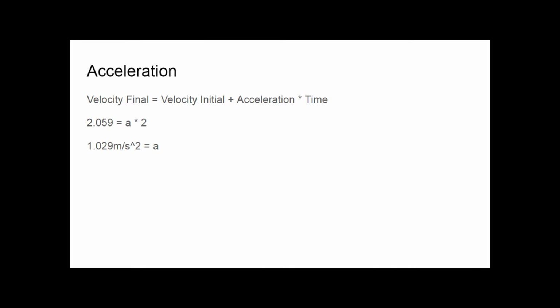That would be velocity final, which is 2.059, equals velocity initial, which is 0, plus acceleration times time, which is 2. We'd have to divide both sides by 2 to equal 1.029 meters per second squared for the acceleration.